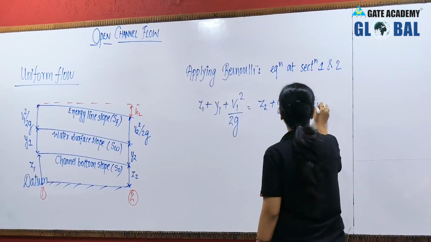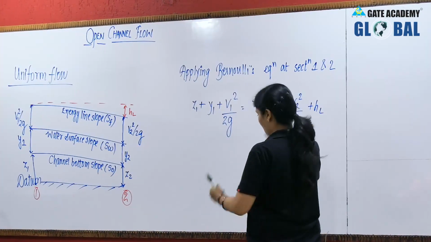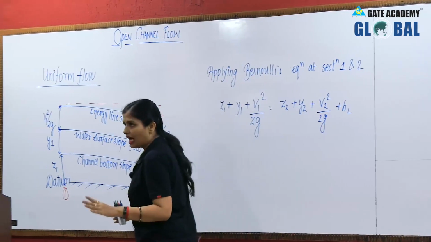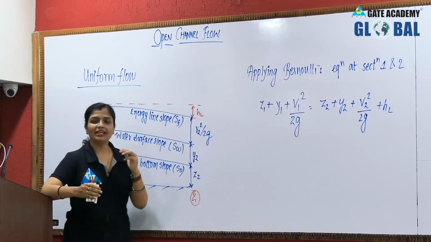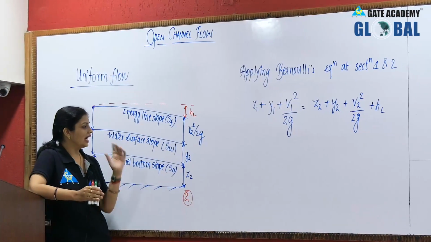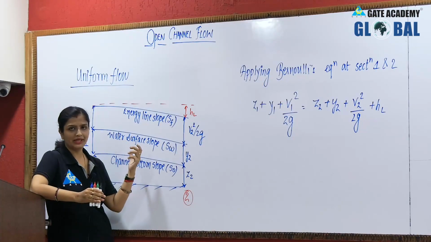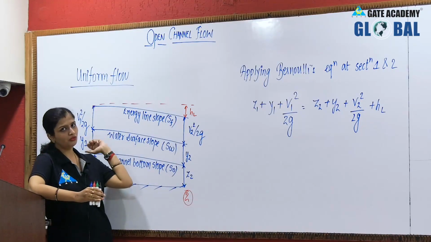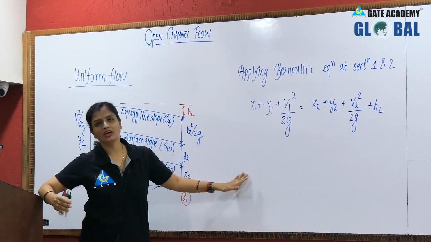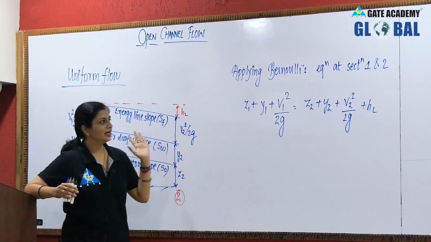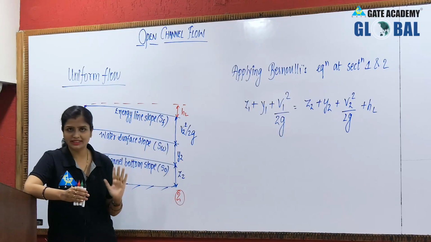So this is your head loss. I wrote when we were dealing with the energy equation that Y1 is equal to Y2 and V1 is equal to V2. Because of that, we got head loss as Z1 minus Z2.